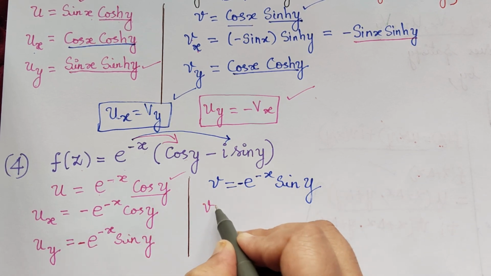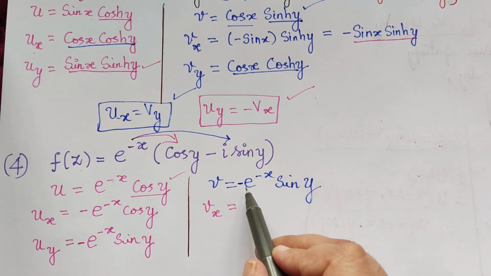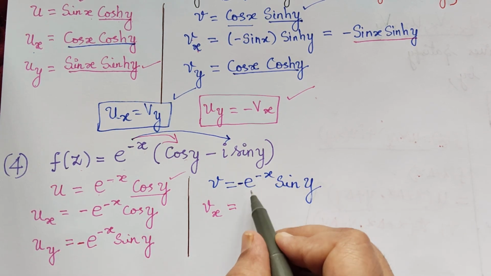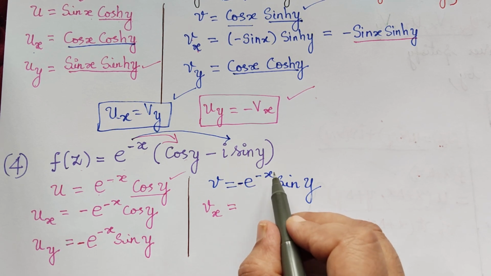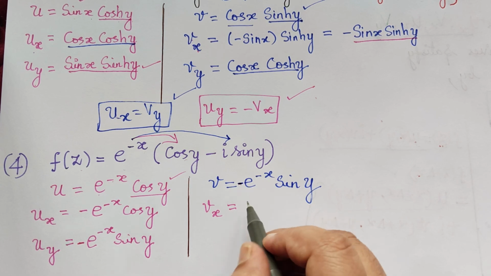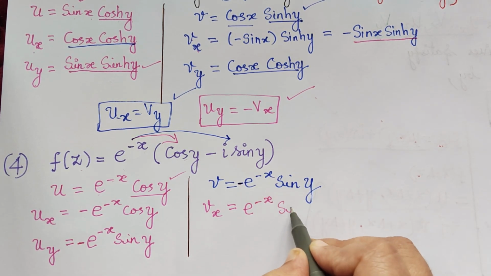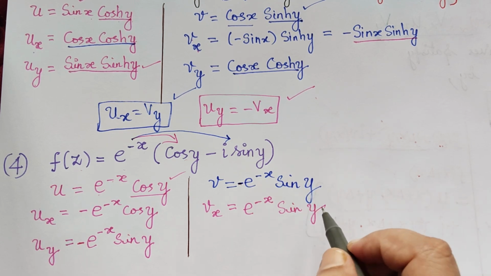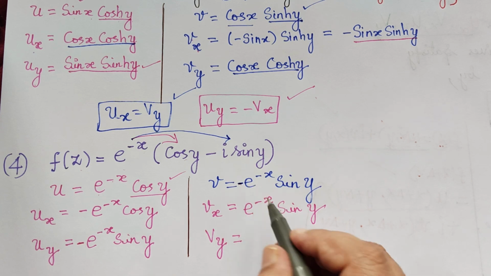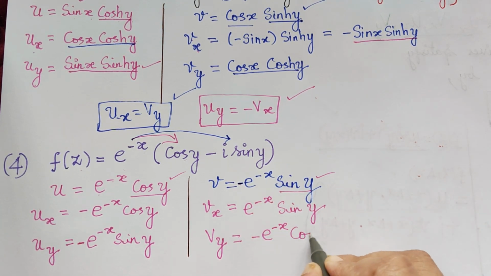In a similar way, vx is partial differentiation of v with respect to x. So here we have a negative sign already, and the differentiation of e power minus x is minus e power minus x. So this minus and the minus that we get after differentiation gets multiplied and it becomes plus, and so we have e power minus x, and sine y comes as it is since it will be treated as constant. Differentiation of v with respect to y will be equal to minus e power minus x comes as it is, and the differentiation of sine y is cos y.